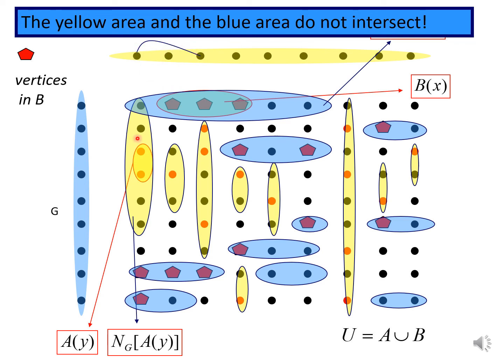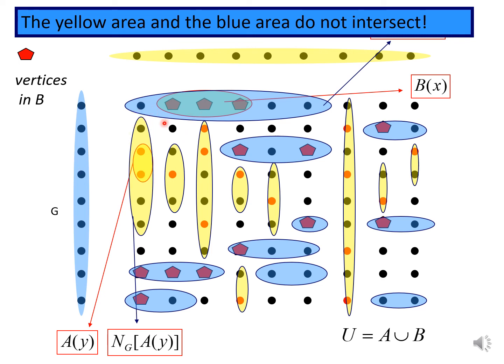Now, why is this in the closed neighborhood of AY? That means I can find a vertex in AY, and looking at the first coordinate, there's an edge. But then there should be an edge between these two vertices in the product graph. That's a contradiction because these two vertices both belong to U, which is an independent set. So there's no such vertex.